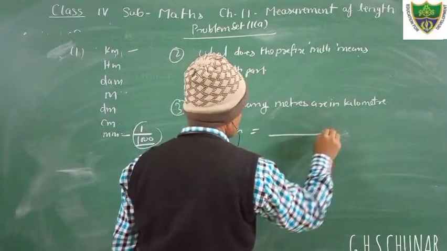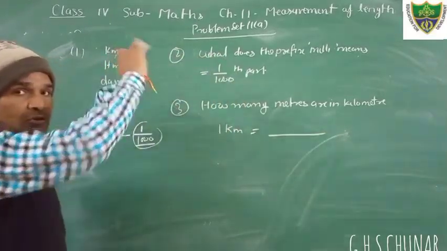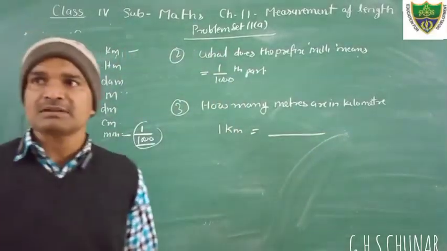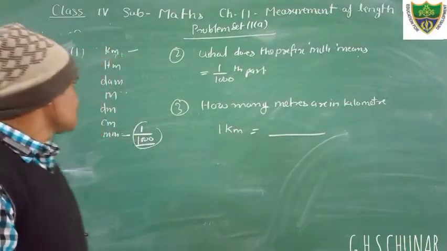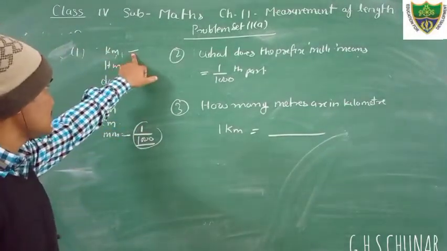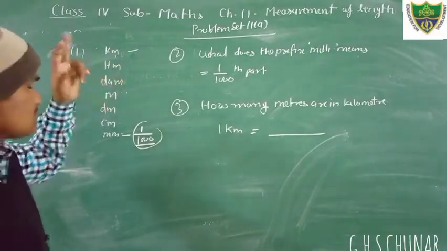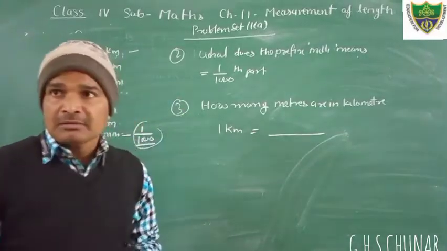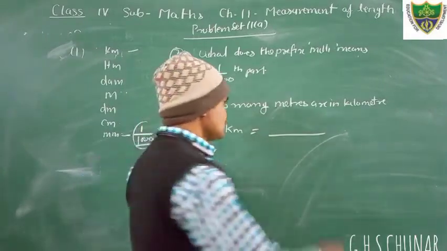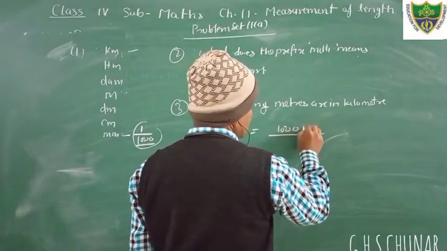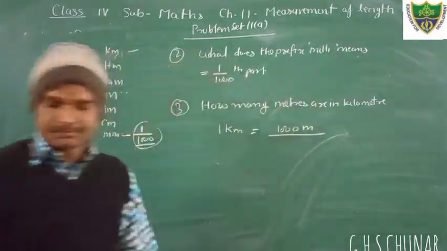Yes, larger to smaller. We will convert the unit larger to smaller. To convert the unit larger to smaller, we will write the 1 at the place of the given unit. 1, 1, 2, 3. So 3 zeros. The 1 made with the 3 zeros, that is 1000. That is 1000 meters. Okay.